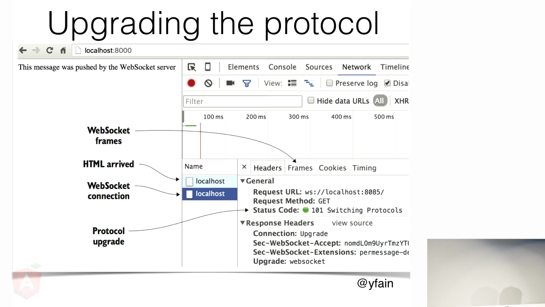Do you support WebSockets? I want to use a different language. WebSockets is a different language, right? If the server says yes, I can speak this language, then what happens is a protocol upgrade. Take a look at that code, 101, that green dot. See that? The protocol was upgraded, and from now on, the conversation goes over the socket. No HTTP anymore. So this 101 means a successful upgrade.